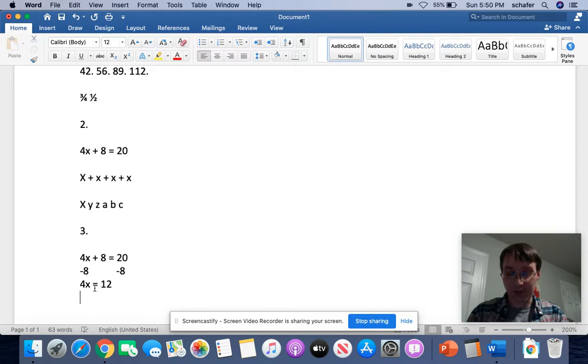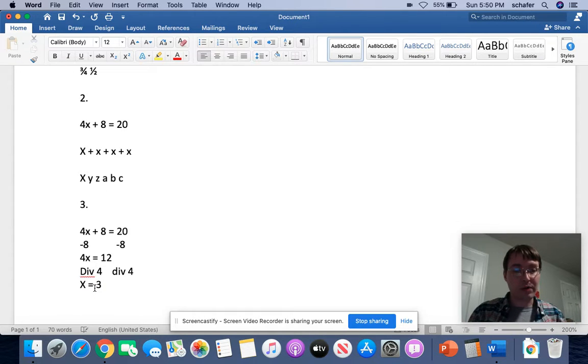Now, I don't have a good division symbol on this keyboard, so I'm going to just say divide 4 from each side. X equals 12 divided by 4, which is going to be 3. And so according to the work that I've done, I'm thinking that this X means 3.